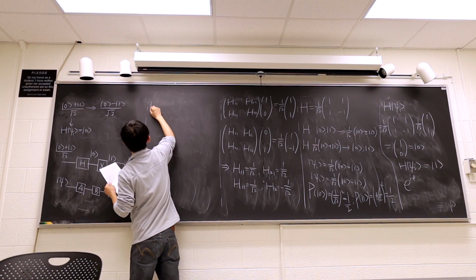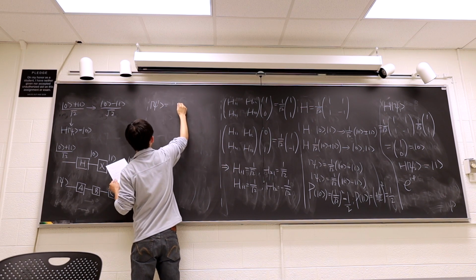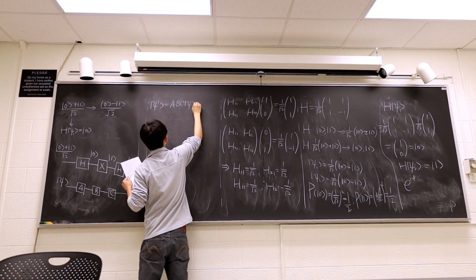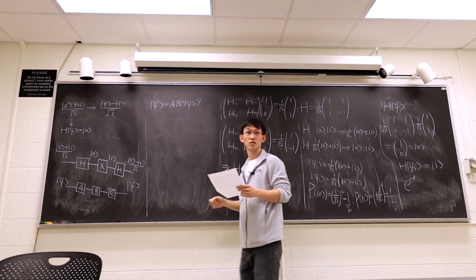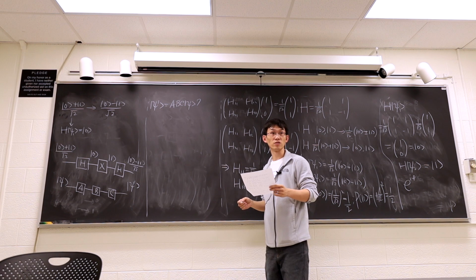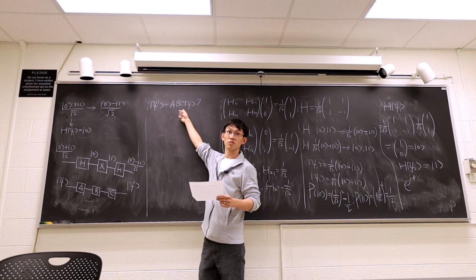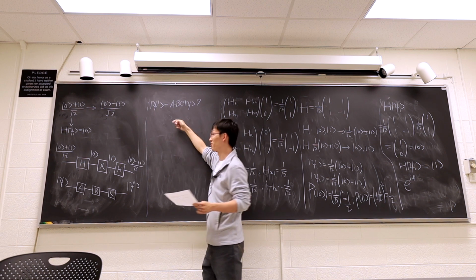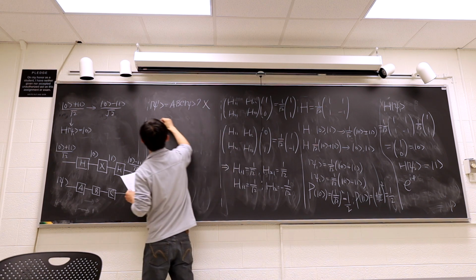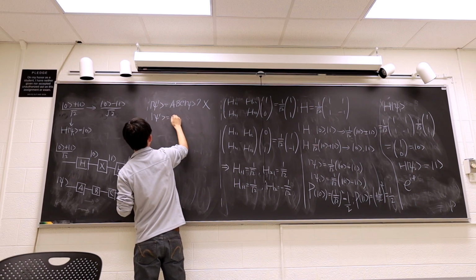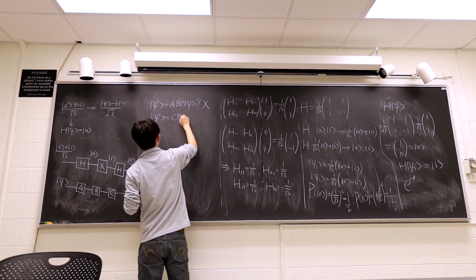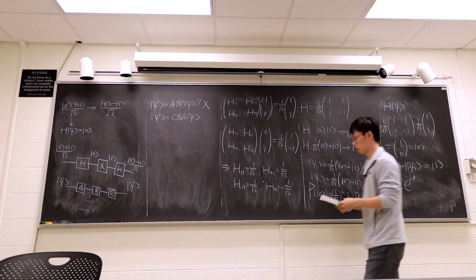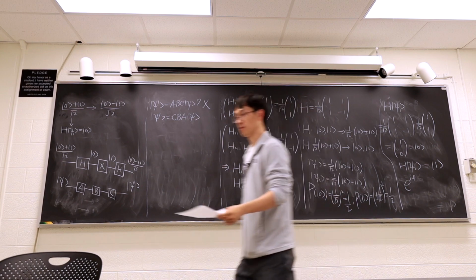So your state should be, is it this? No, right? Because C first operated on psi. You need to flip them. Yep, you actually need to flip them. Okay, so it's very easy to make a mistake here.